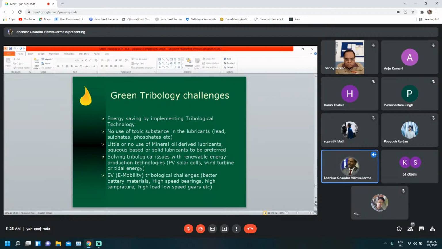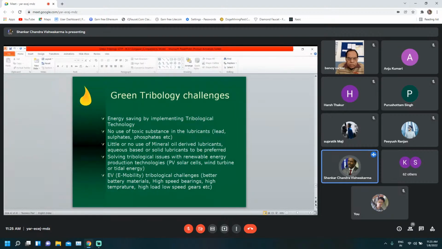And then, as I said, a lot of additives we are using in the lubricant. Ideally, the lubricant should not use toxic substances as additives. But the most toxic substances which we are using there are sulfates and phosphates, because the anti-wear additive, as I said, is ZDDP.